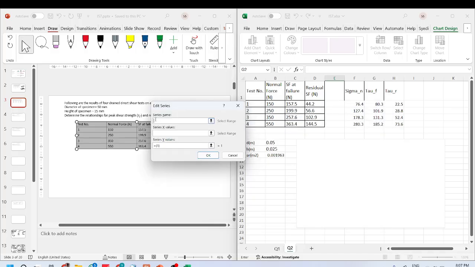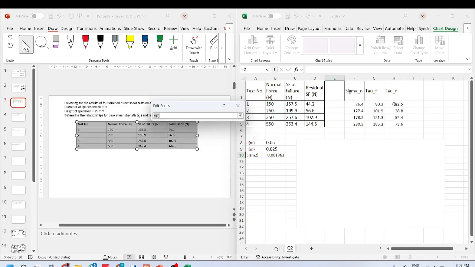Then the next series will be residual, x will be again this, y will be this.